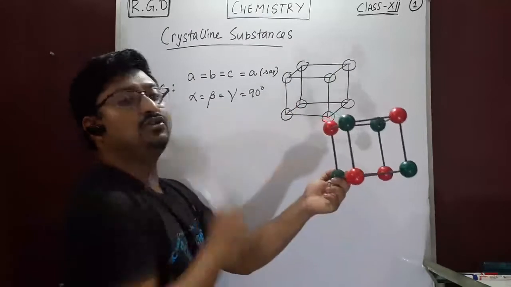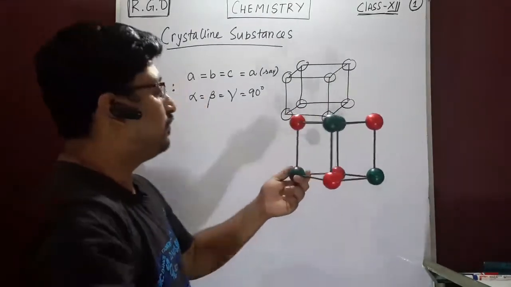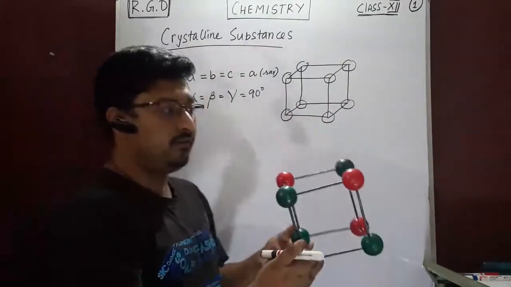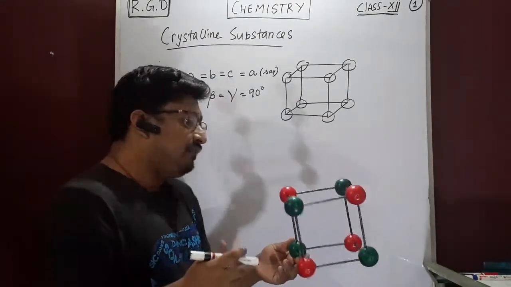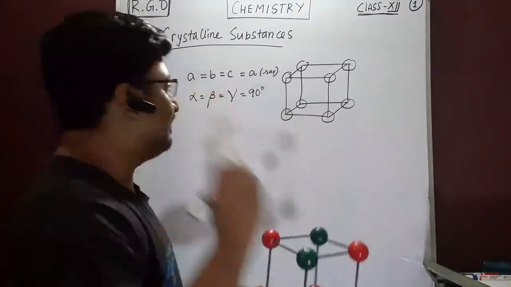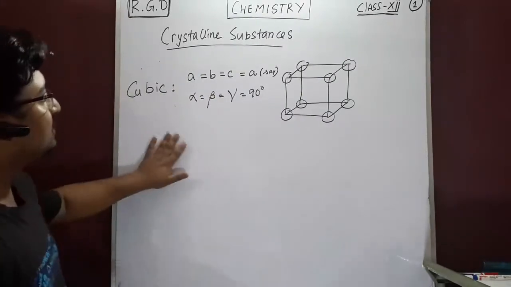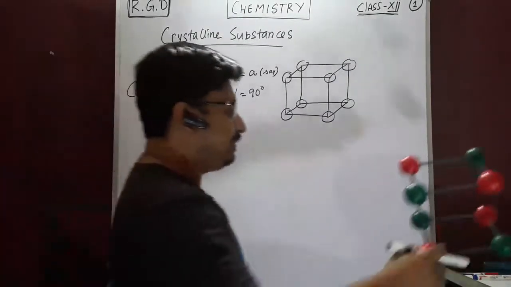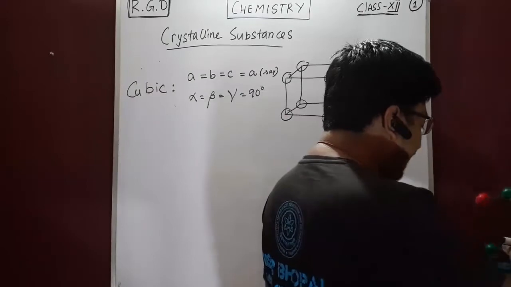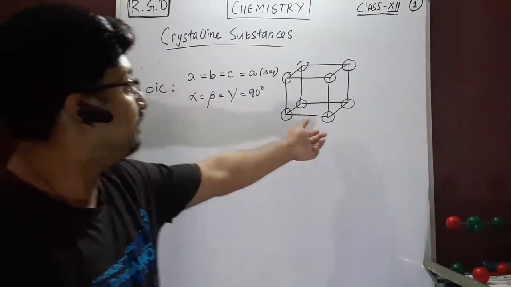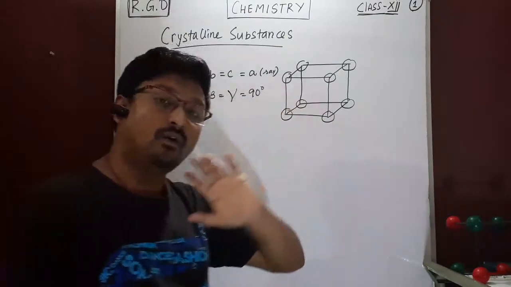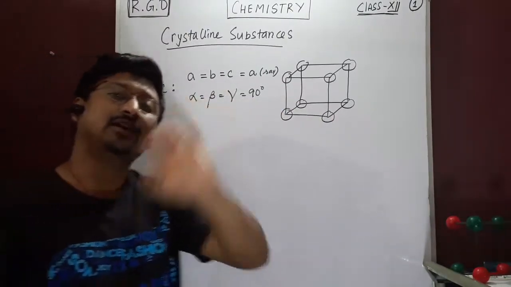For a cubic, how many do you have? 8, because it has 8 corners. But effectively, I will come to that a bit later. So this is a cubic representation, a primitive representation, meaning all the atoms are at the corners.